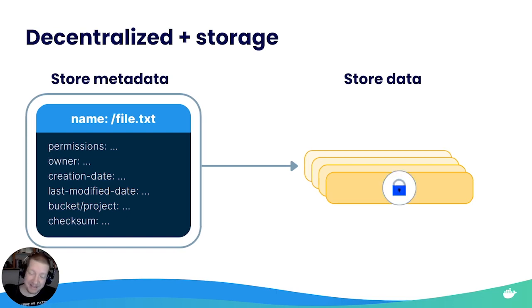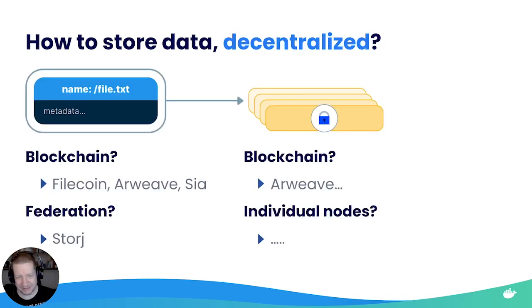And especially in a decentralized landscape, we need to encrypt all of the pieces. The reason we have such big differences between decentralized storage projects is that there are multiple answers to these questions.